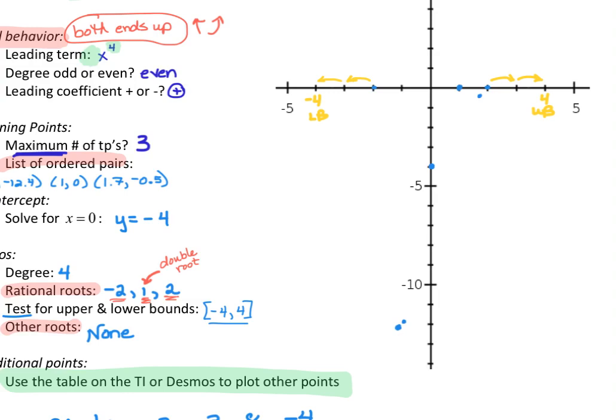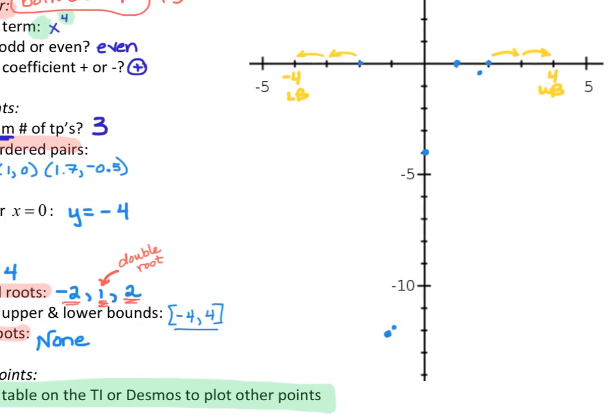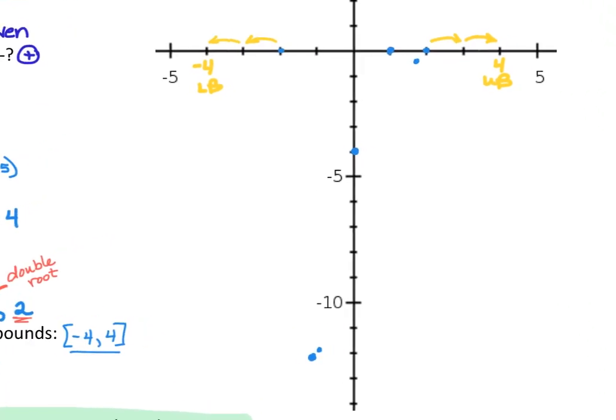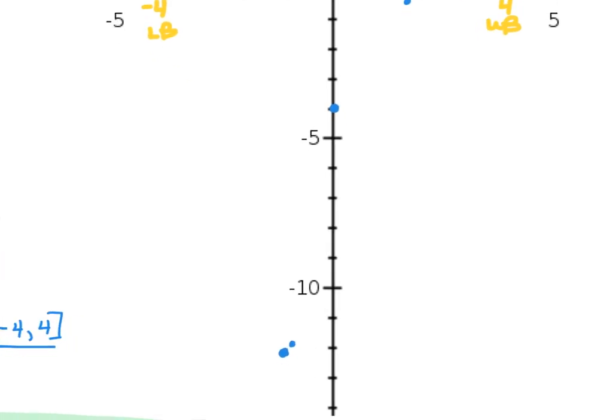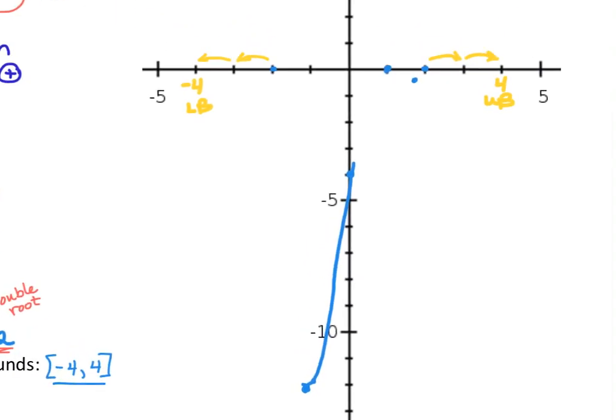1, 0, 2, 0, which I have graphed both of those. And then 3 is +20, and I haven't given you room to graph +20. And so then the next thing that you want to do is just kind of try to draw a nice smooth curve through all of those points, which is pretty tricky on my iPad, but I shall try.